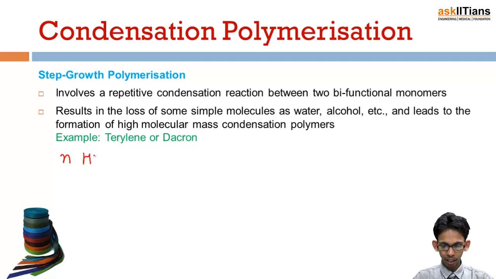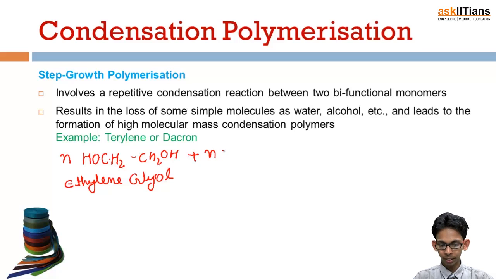We have n molecules of HOCH2CH2OH. This is ethylene glycol. This ethylene glycol combines with this molecule, which is known as terephthalic acid.